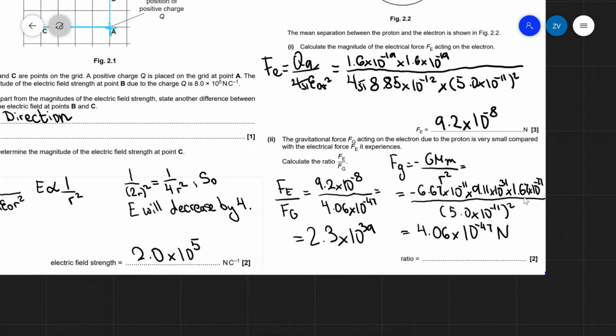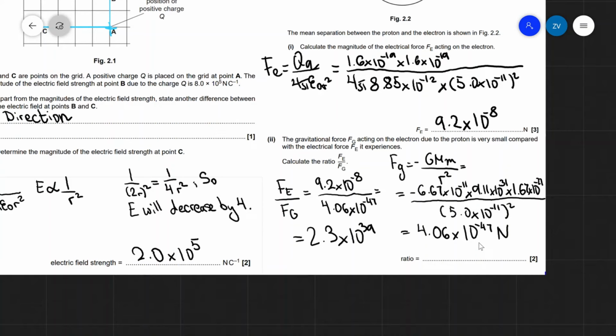The mass of a proton is 1.67 times 10 to the power of minus 27. You can find both of those values in the OCR formula booklet. Dividing that by the distance squared, we're going to get 4.06 times 10 to the power of minus 47 newtons. So it's a tiny, tiny force.